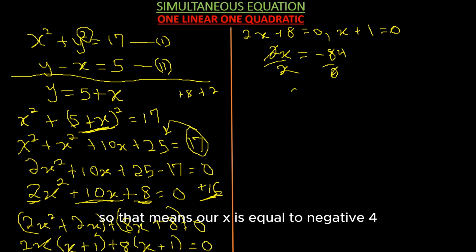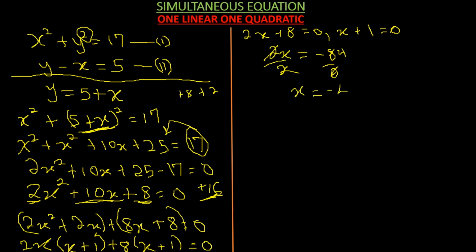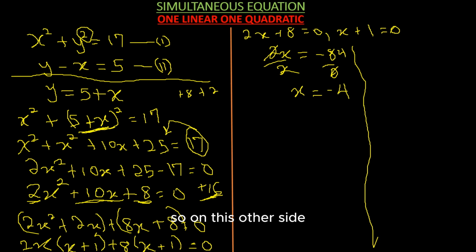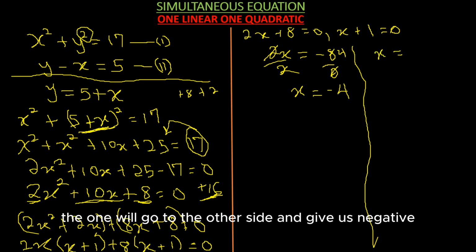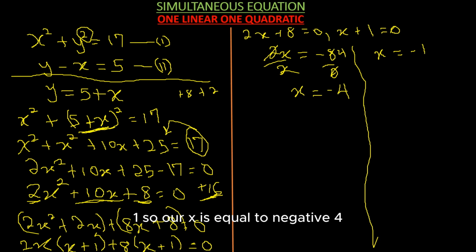So our x is equal to negative 4. That's one value for x. On the other side, where we have x plus 1, the 1 goes to the other side and gives us negative 1. So our x is equal to negative 4 or negative 1.